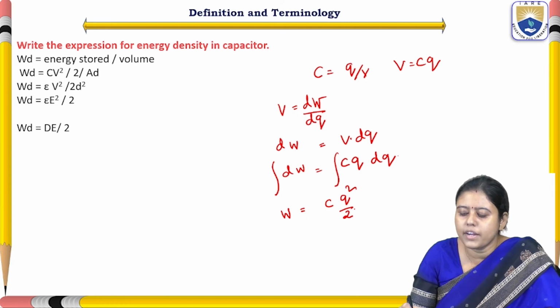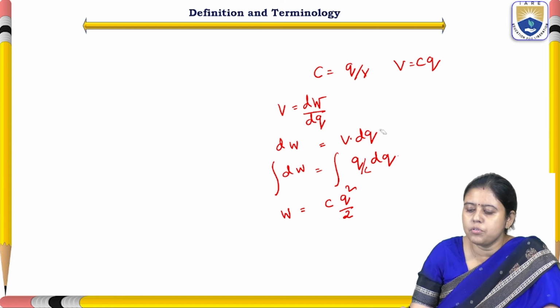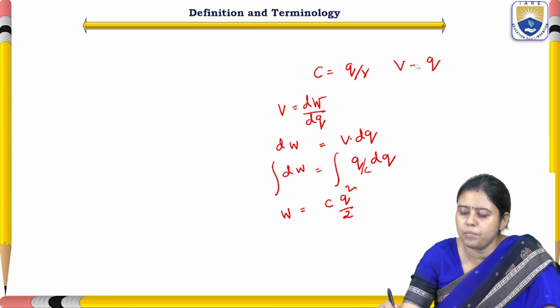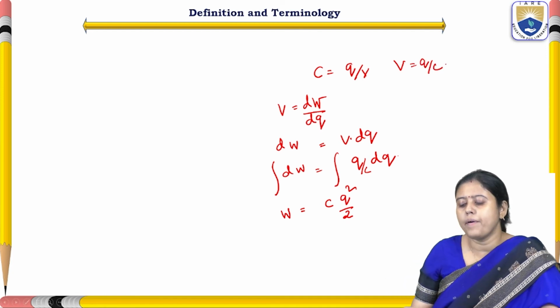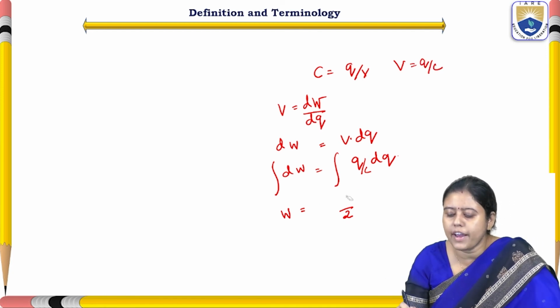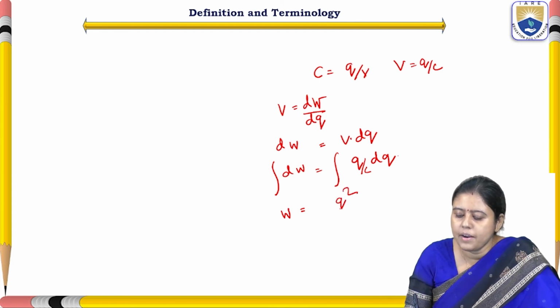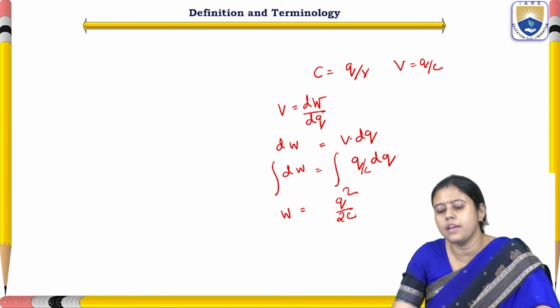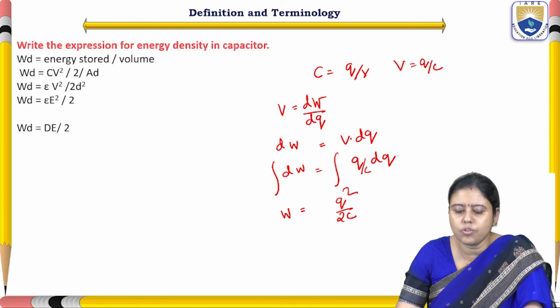Now, what we can write from here? V is equal to Q by C. So what we will get here? We get Q squared by 2C. We got up to this, so this is the energy stored.